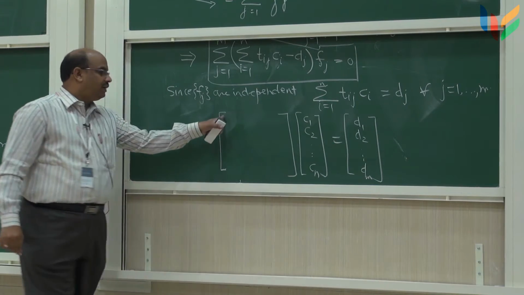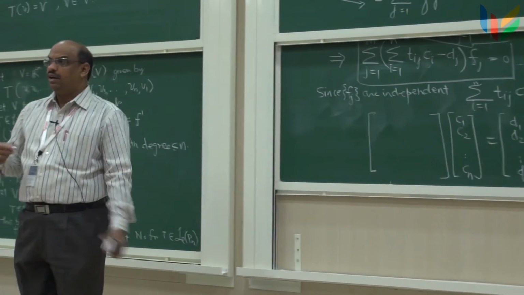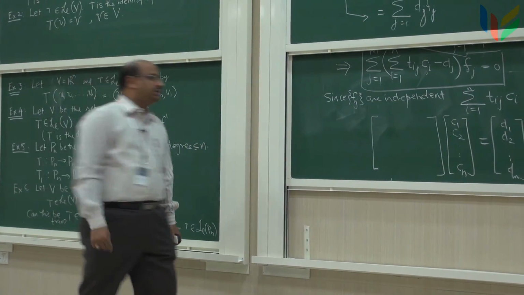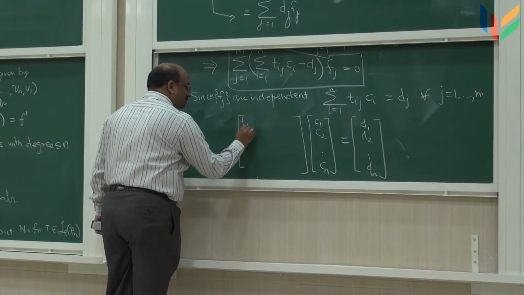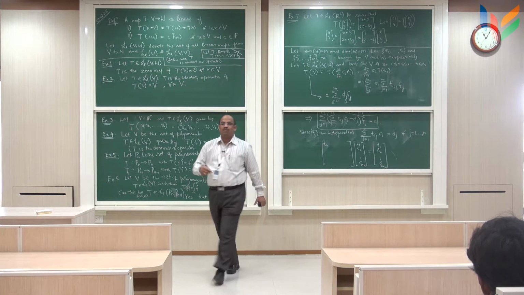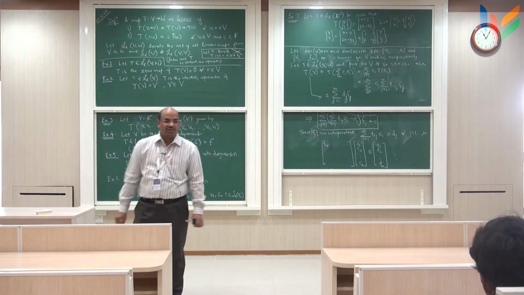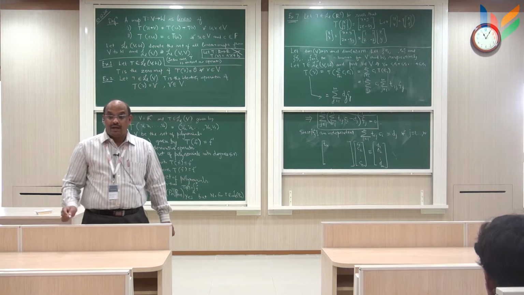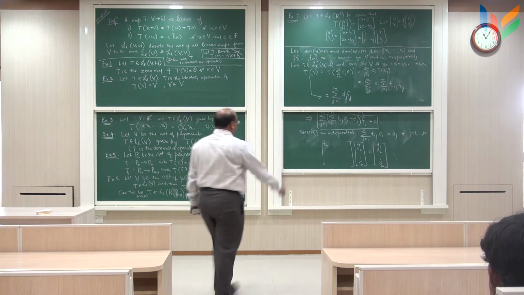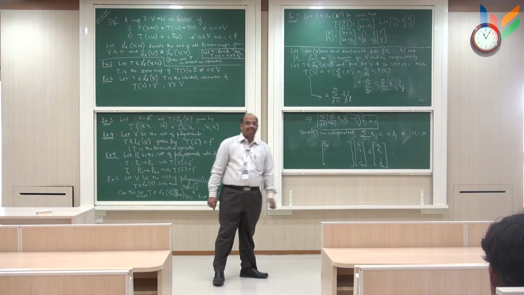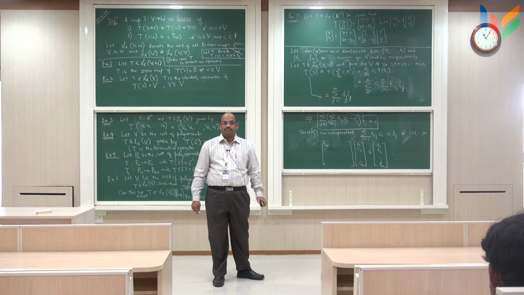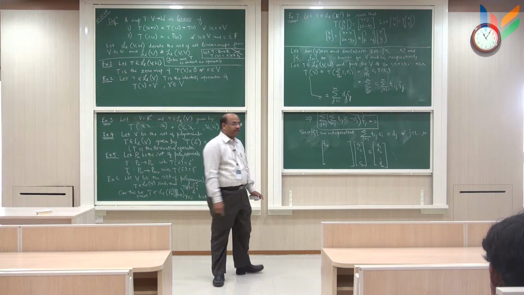So what do you think here? What should be the first element? T11. Yes, that's obvious. Whatever you do, it's going to be T11. What's the element going to be next to it? T12, right? Are you sure? T21, okay?